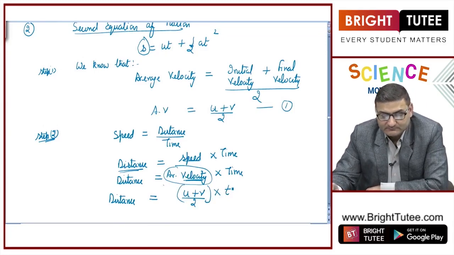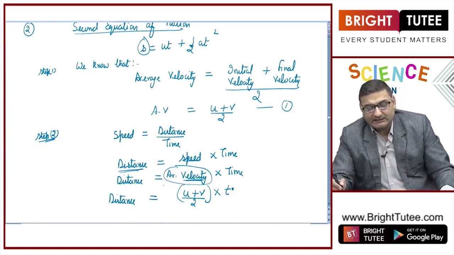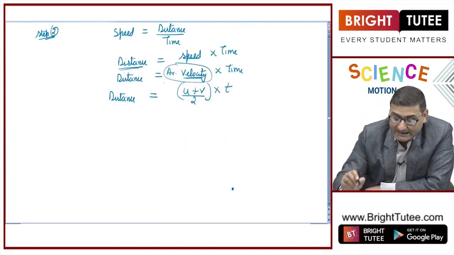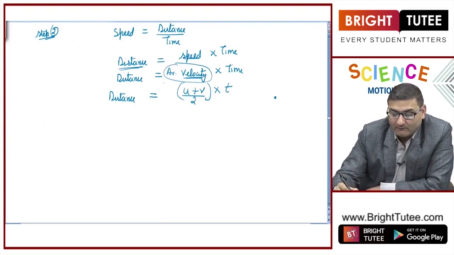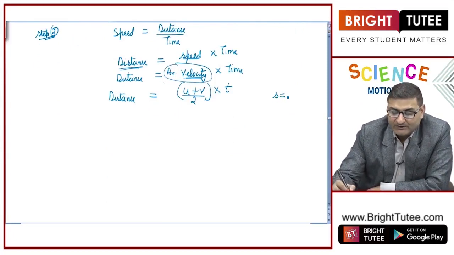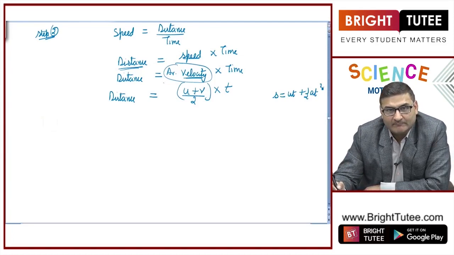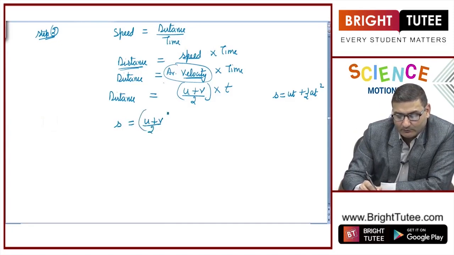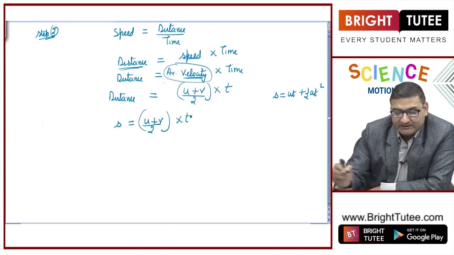Clear? These are basically the two steps that we need to remember. Now, I need to remember every time what exactly I am going to derive. The actual formula is S is equal to ut plus half at square. Now, here I have got S is equal to u plus v divided by 2 multiplied by t.